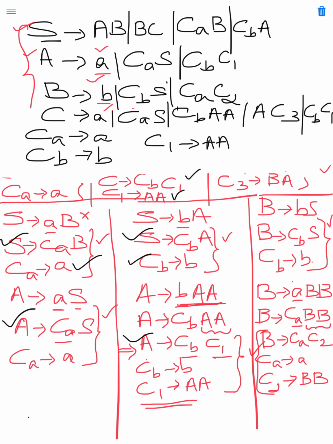CB C1, C1 is AA, then C2 is BB, then C3 is BA.